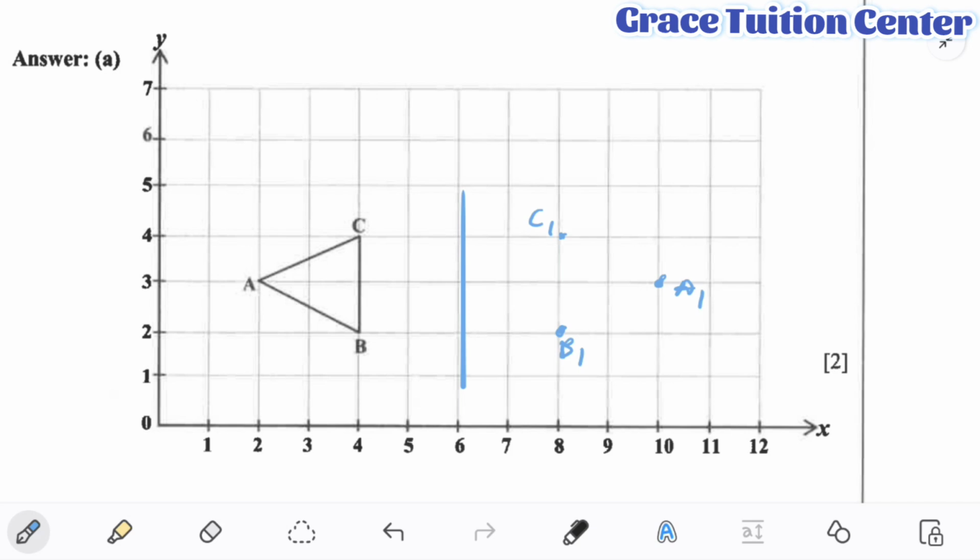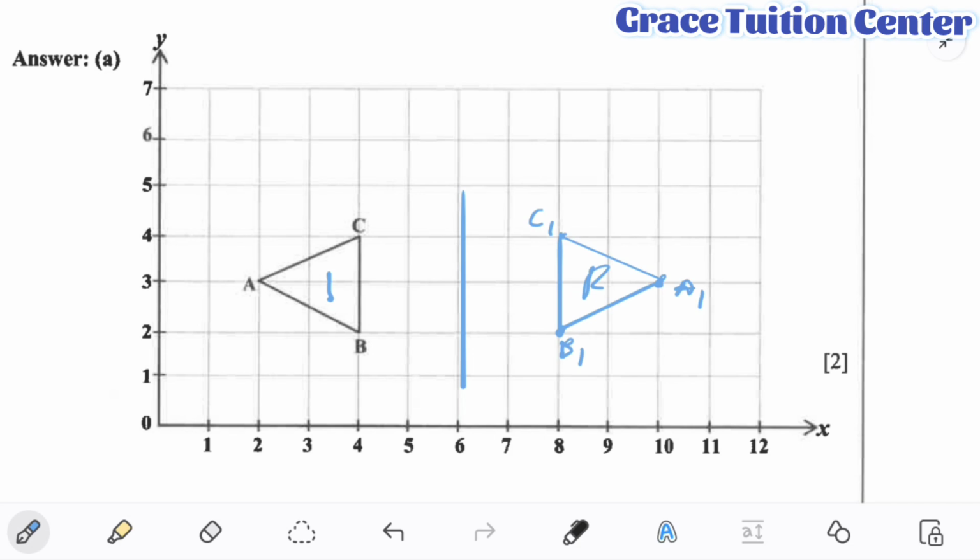So meaning that the reflection of triangle ABC is actually here. You see that? So this acts as a mirror, then this is the image, and this is the reflection there.